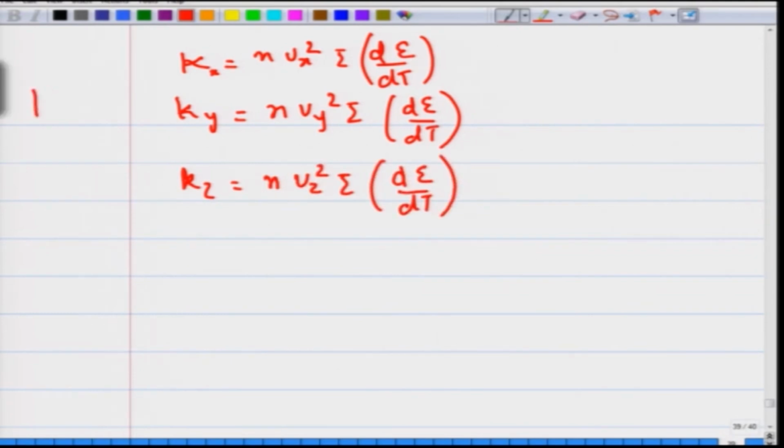For a general 3-dimensional material, you maintain a certain temperature gradient across the material, and then in different directions the thermal conductivity will be governed by the velocities that you have in the x direction, the speeds in the y direction, and the speeds in the z direction.